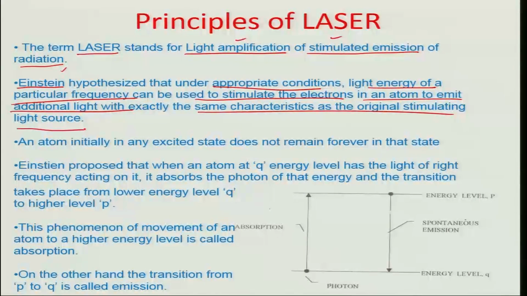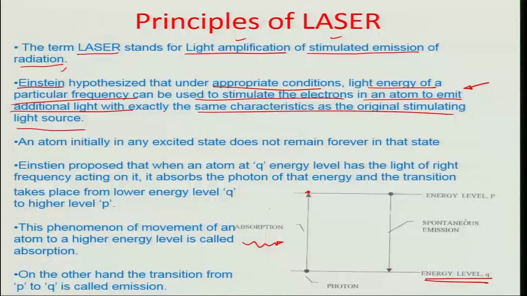The following are steps to understand this statement. Let us say an atom is initially in an excited state, and an electron which was earlier at energy level Q has now risen to energy level P, because of absorption of a small radiation which has hit the atom.